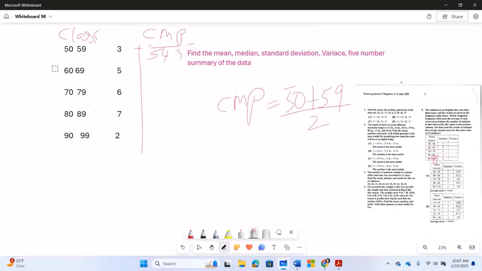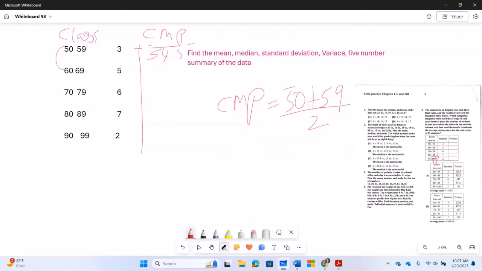If I look at this data, I notice that the class width of the data is 10. So if the class width is 10 and the first class midpoint is 54.5, I can as well start adding 10 so that I get all the remaining class midpoints.